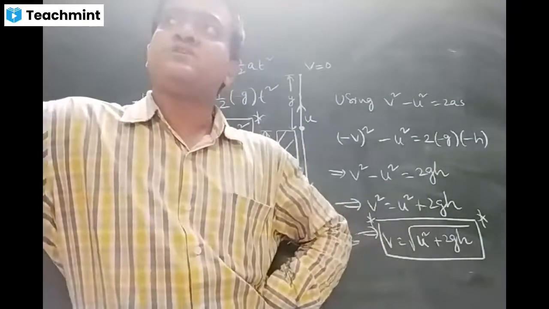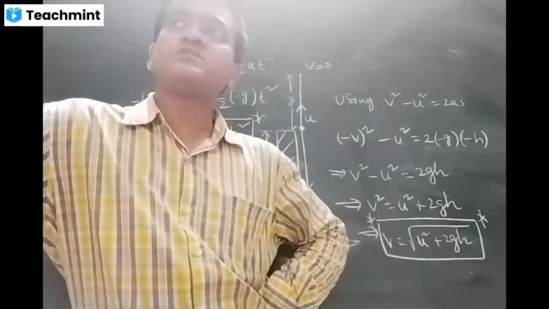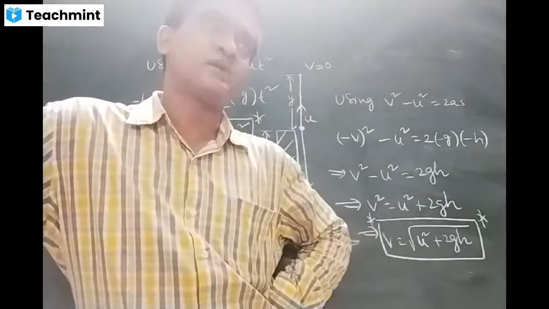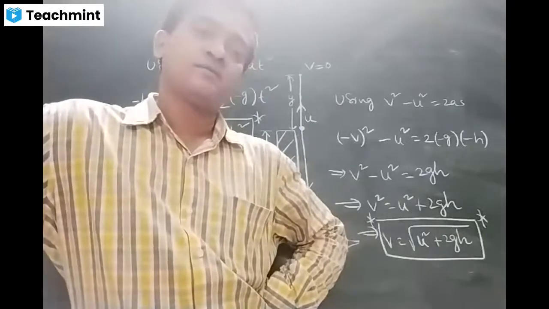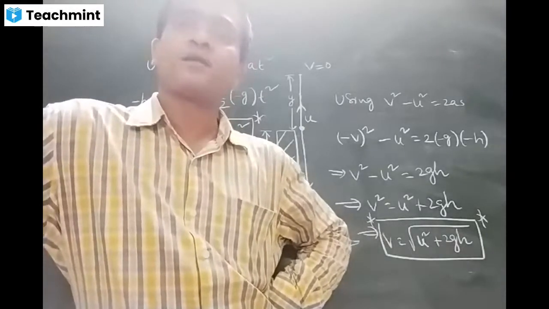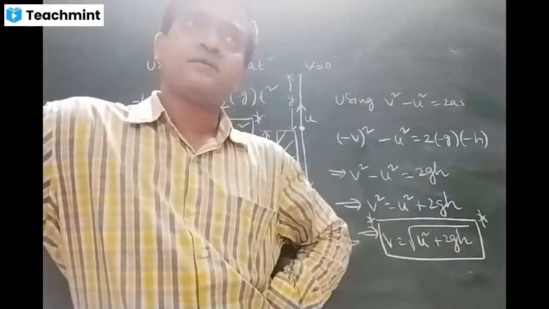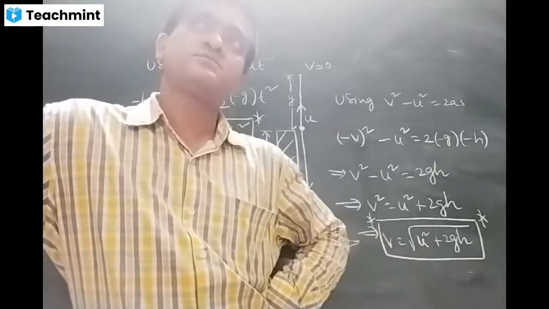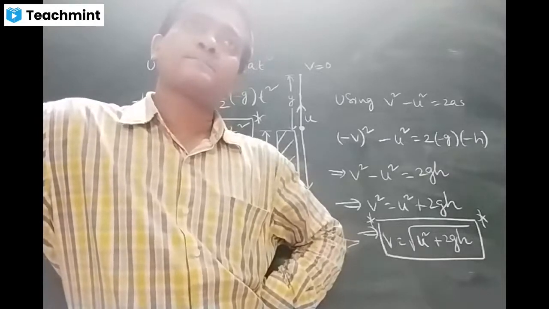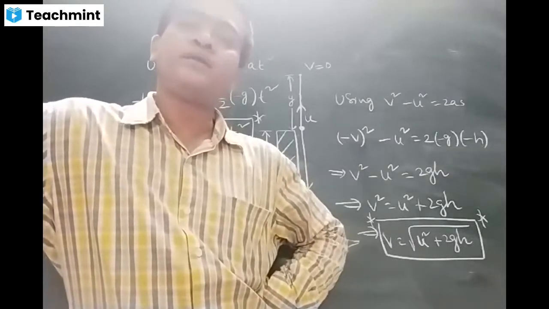The initial velocity of the particle is, let's say, 5 meter per second.